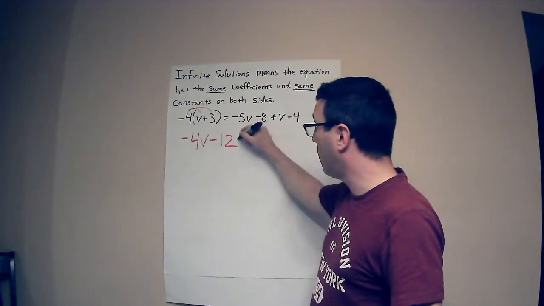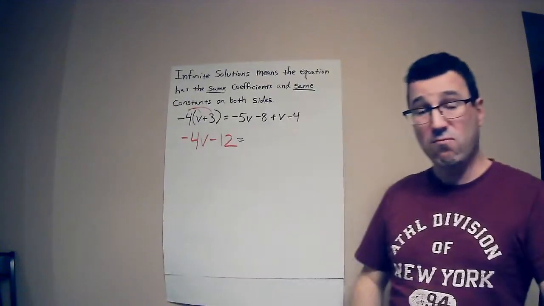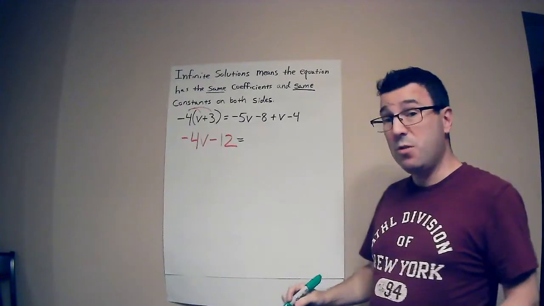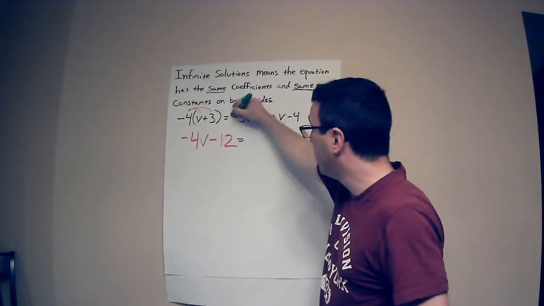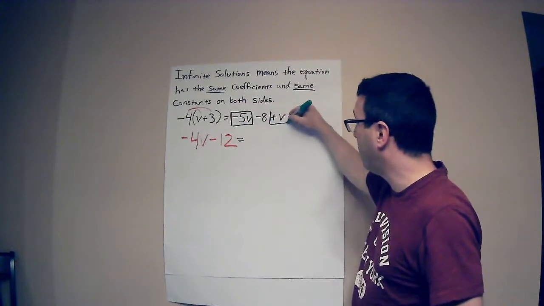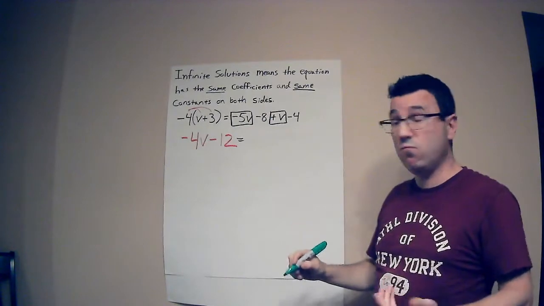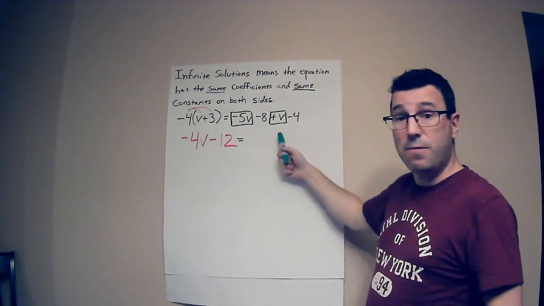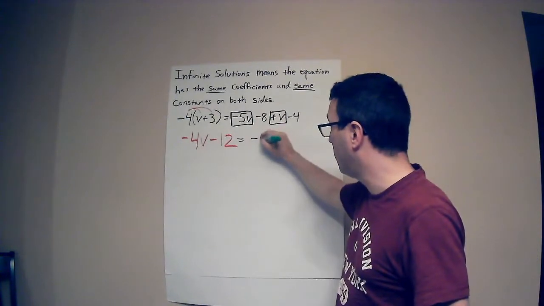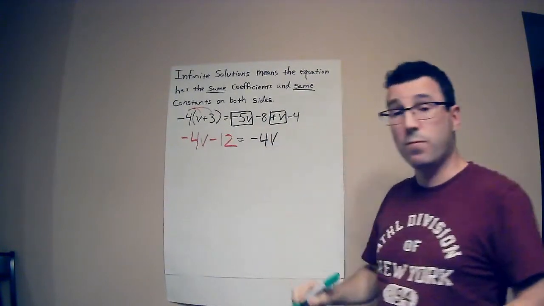Now on the right-hand side, we don't have the distributive property, but we do have like terms. I've got this -5v here, and I've got a plus v there. So -5v plus v gives me a -4v.